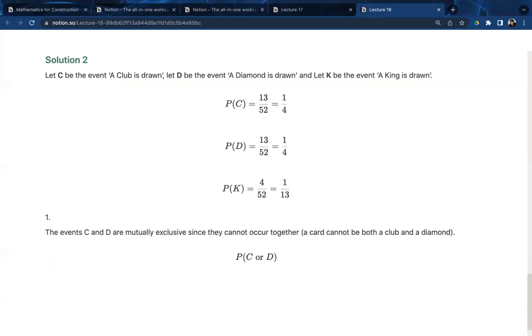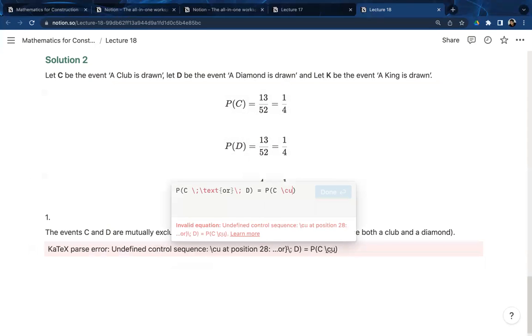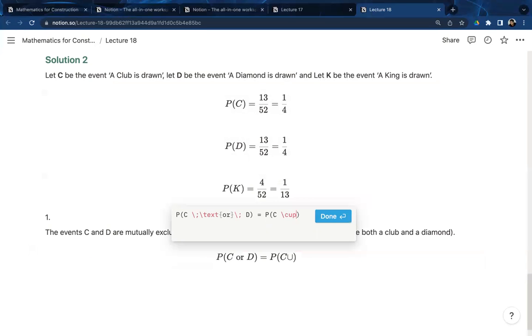So, without just thinking of the number of cards in a deck, just using these values here, this is really P of C plus P of D. Since it's mutually exclusive, you just add them.